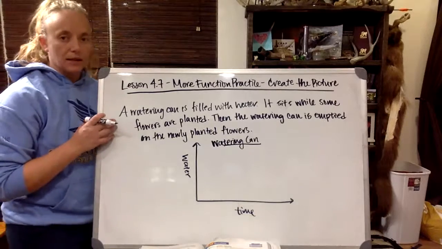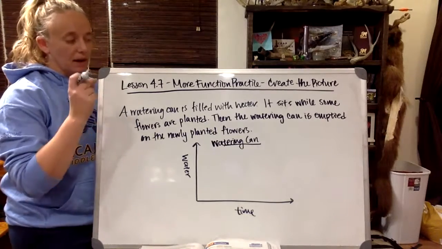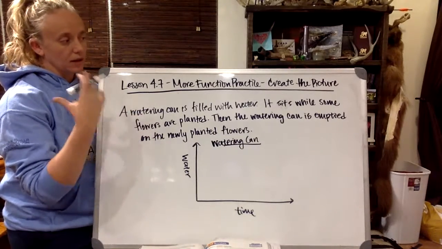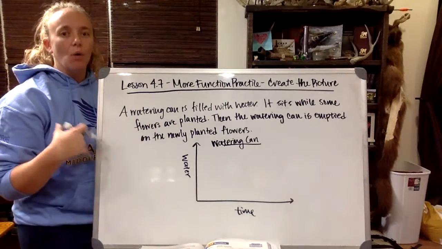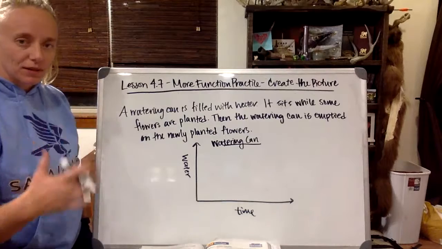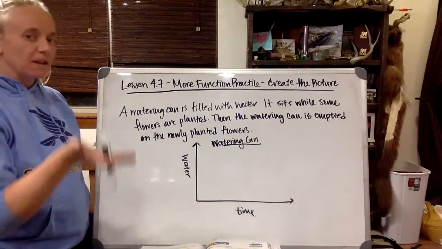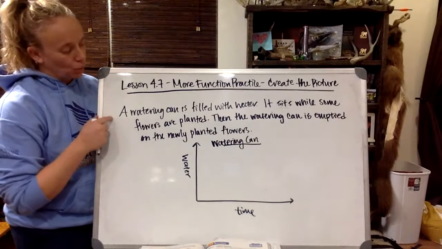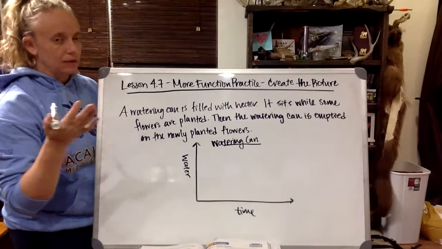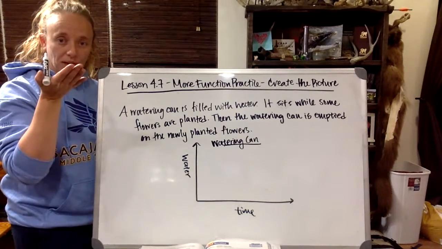Thinking about this, are we talking about individual points? Are there individual points in time that we're sort of taking a measure of, or is this happening over time? Is the water filling up gradually? If I think about this, the watering can is filled with water, so that takes time and it gradually goes up.